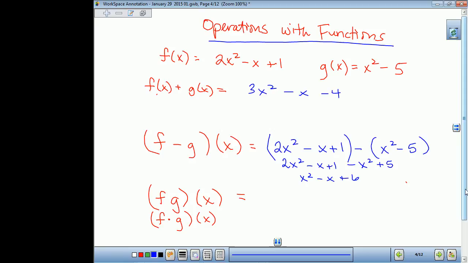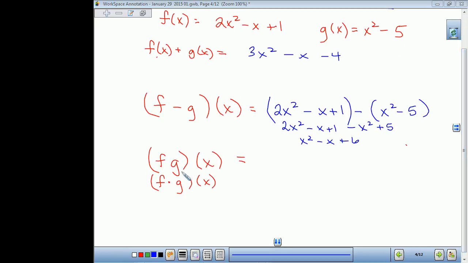Okay, f times g. What do you think we're doing with these? Multiplication. So, a small dot, or the two functions side by side, indicates multiply your polynomial functions. This once again is nothing new.